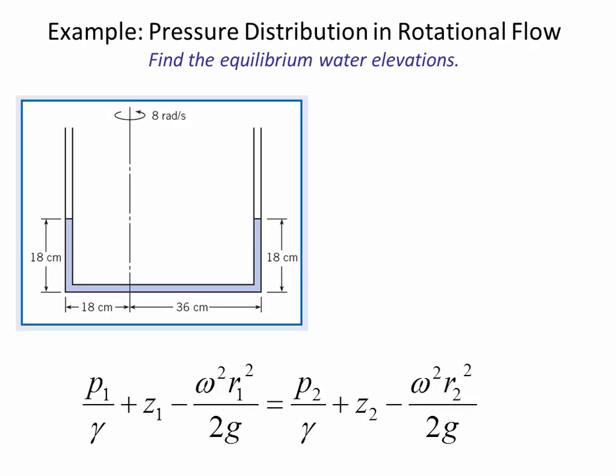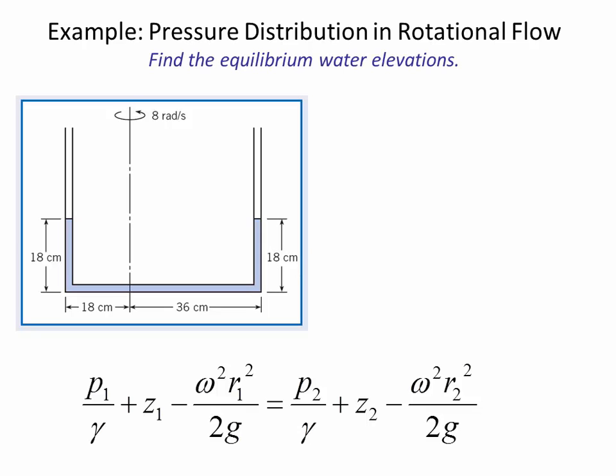So I'm going to substitute that in. 0.36 minus Z2 is equal to omega squared divided by 2G times R1 squared minus R2 squared. So I just substituted in this 0.36 minus Z2 in place of Z1 because I know that the sum of the two elevations will be the 0.36 meters.